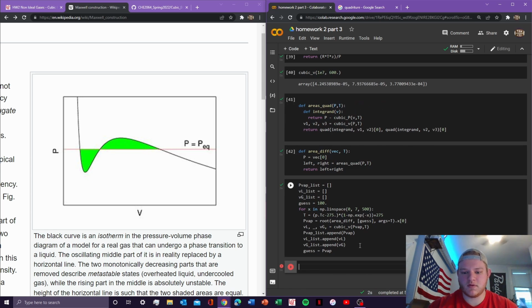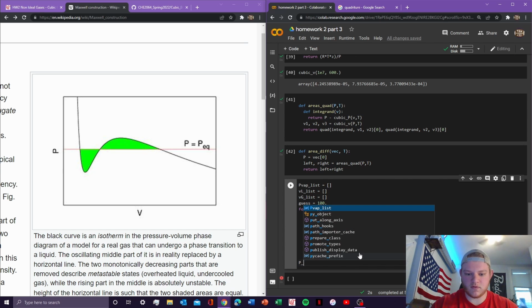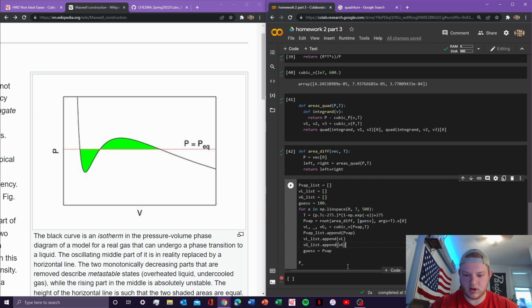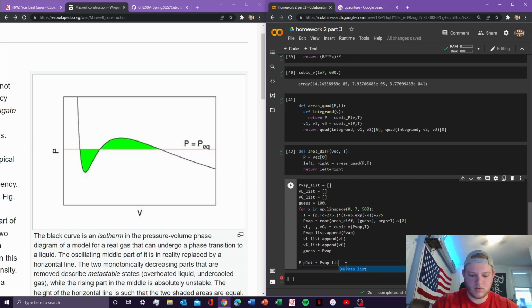Now we want to assign the information that this is giving to a new list that we can put on a graph, so we can graph the envelope on top of our already made isotherm graph. So let's do pplot, and that is equal to pvap list plus pvap list.